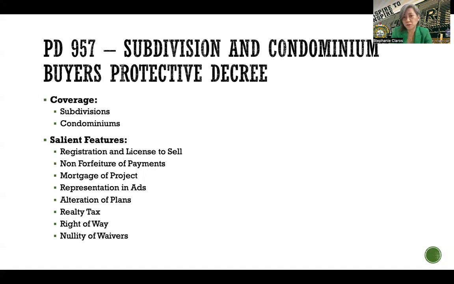So salient features of the law is that sellers of these properties are required to have registration and be licensed to sell. And there can be no forfeiture of payments. There are rules on the mortgage of the housing project, the subdivision project. And there are rules on advertising. So we'll go over the salient features one by one.